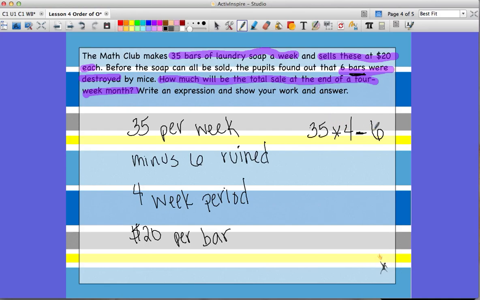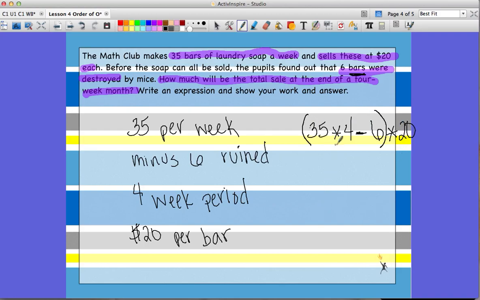If I leave it like this, I have to do 6 times 20 first, and that's also incorrect. So in order to do this correctly, I have to put 35 times 4 minus 6 in parentheses because I first need to know how many bars we made total before I can multiply that by how much we sell them for. Right, so this is my expression.